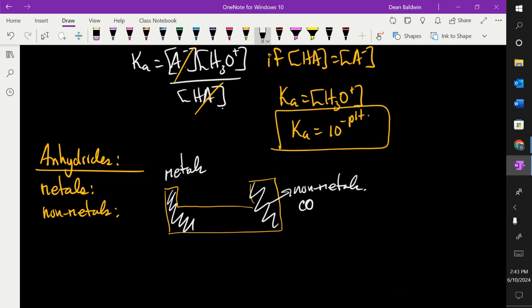So, covalent molecule, CO2, reacts with water to form what? H2CO3, carbonic acid, acid rain. All right, so the non-metals are acids. The metals are bases.